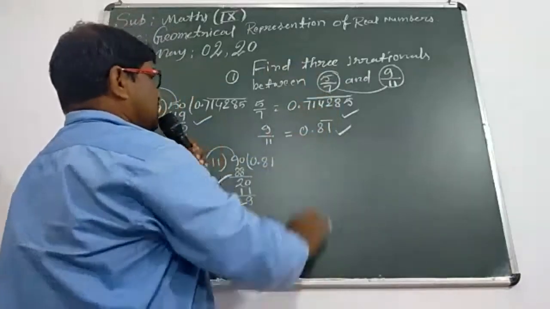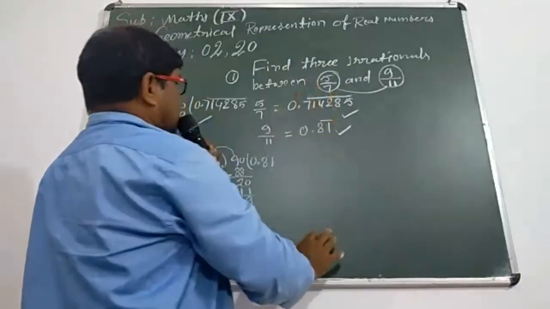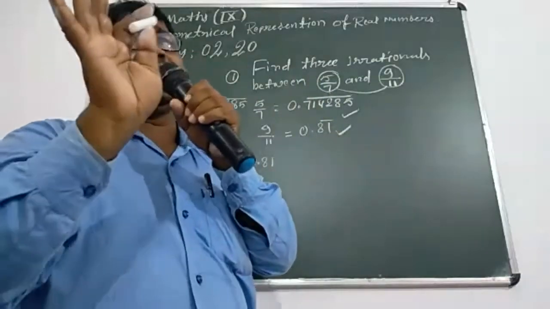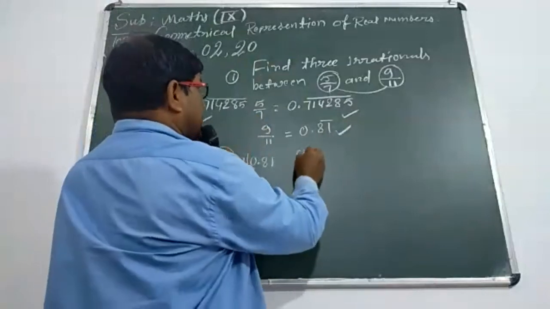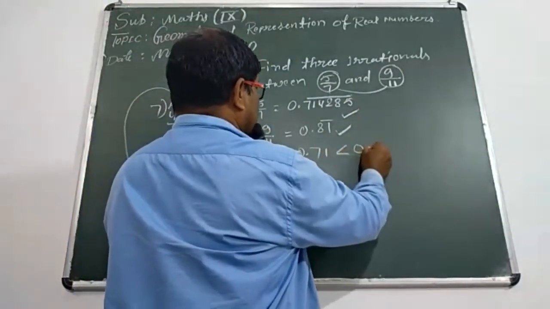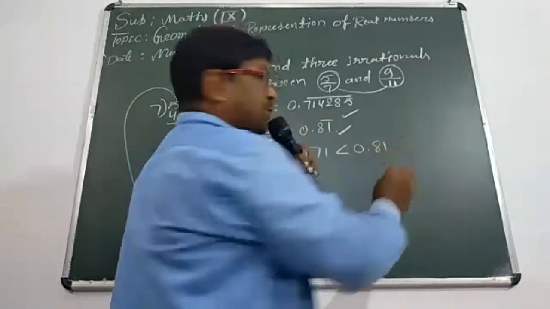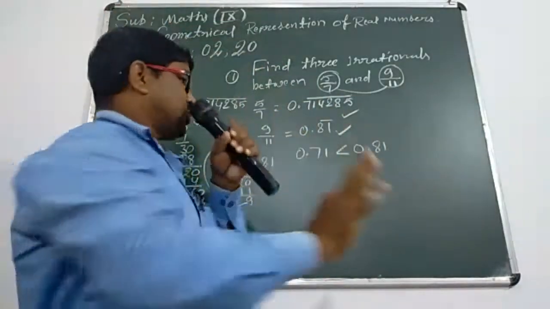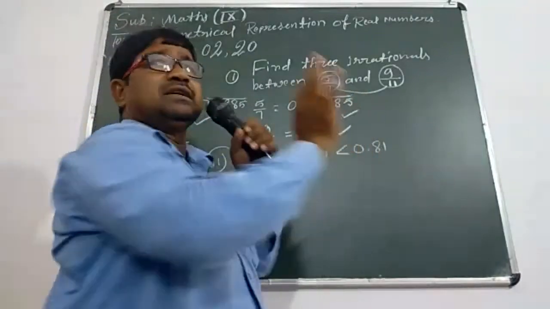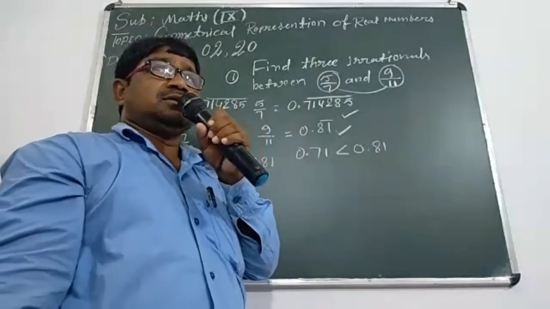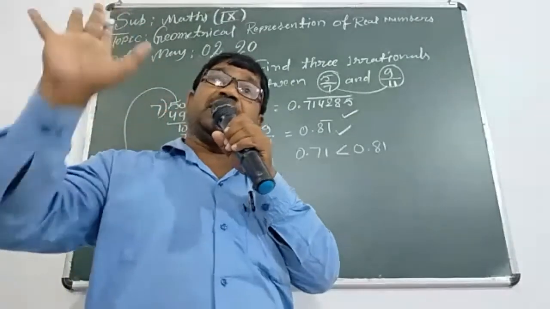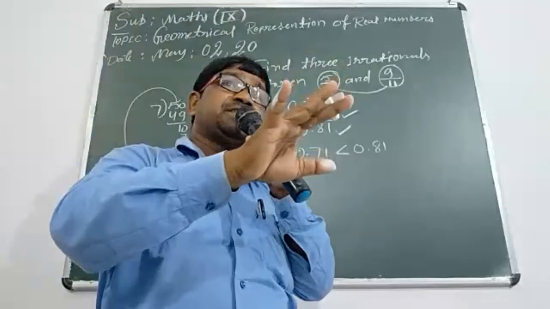0.71 is less than 0.81. You can guess, 0.71 is less than 0.81, no problem at all. Now we should remember the definition of irrational in decimal expansion.